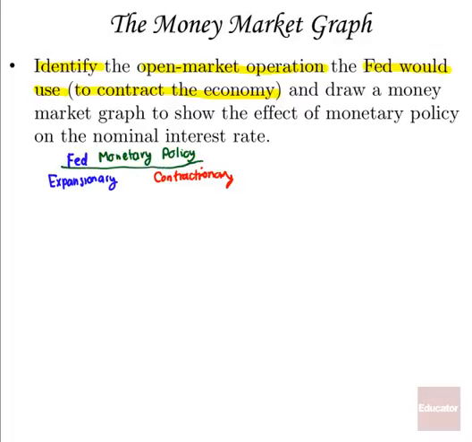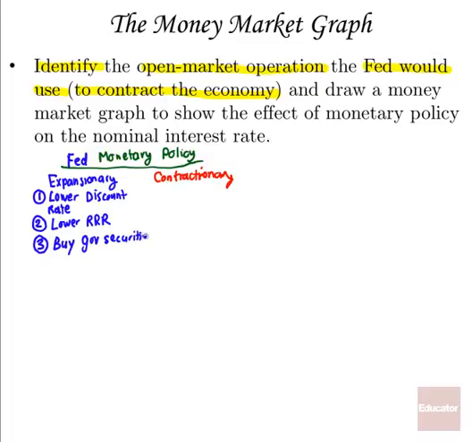Now again, there are three basic tools of either expansionary or contractionary monetary policy, but let's take a look at expansionary. For expansionary, they can lower the discount rate, they can lower the required reserve ratio, or they can buy government securities.